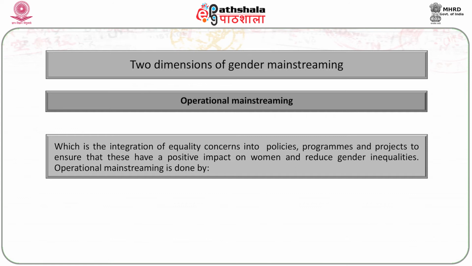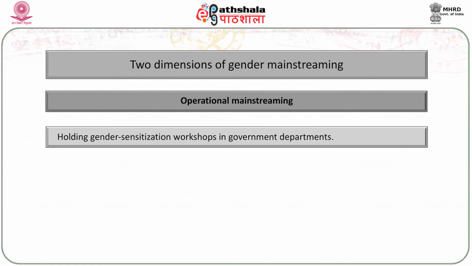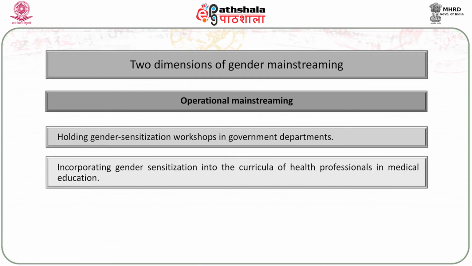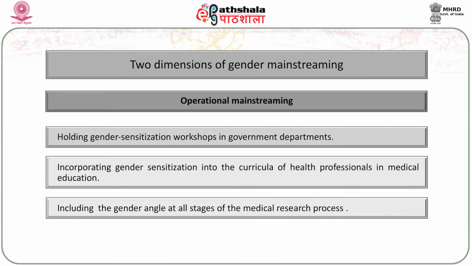Operational mainstreaming is done by holding gender sensitization workshops in government departments, incorporating gender sensitization into the curricula of health professionals in medical education, and including the gender angle at all stages of the medical research process.